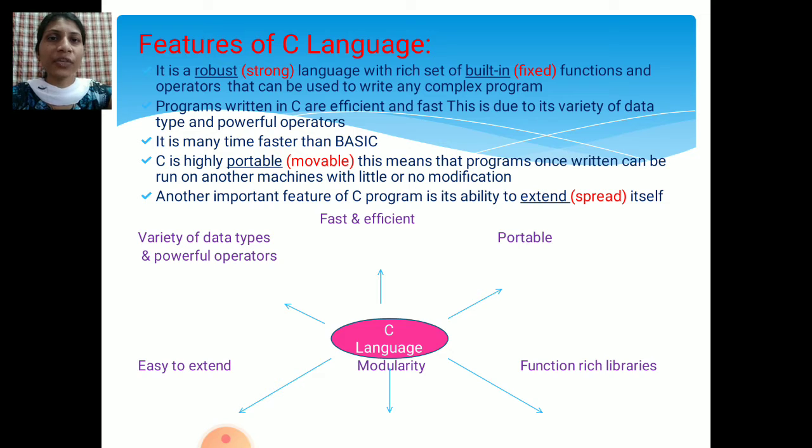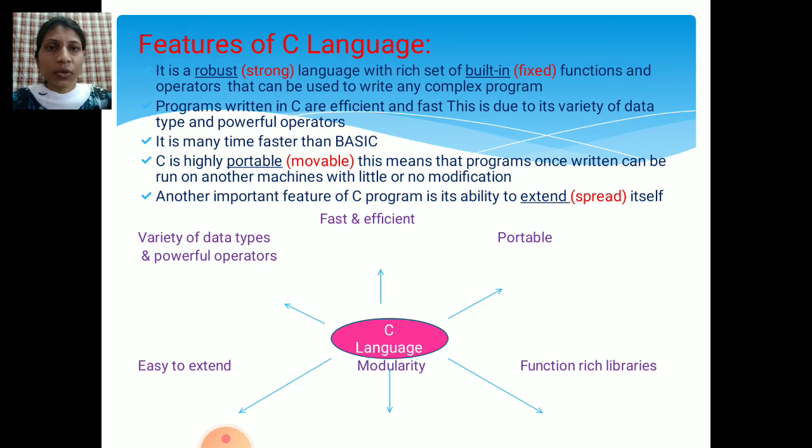It has some fixed functions that we use in the C language, and there are different operators we use in C programming that can be used to write any complex program. If you want to write the code of C programs, we use these built-in functions and operators to write the complex code of the program.